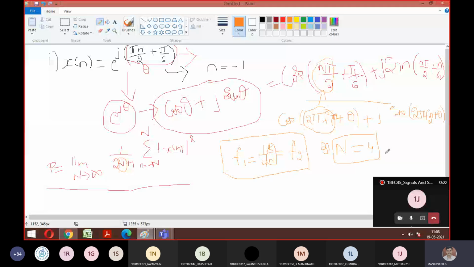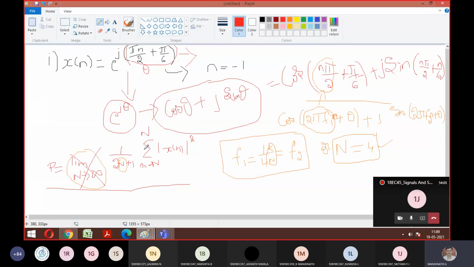If you get N is equal to 4, it means the boundary is between minus 4 to plus 4. Yes or no? So if you take the boundary as minus 4 to plus 4, then this limit won't come to the picture. So don't apply the limit as n tends to infinity. You just stick with the remaining formula, then get me the answer.